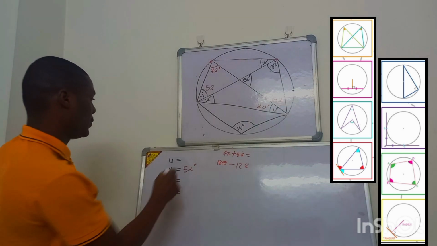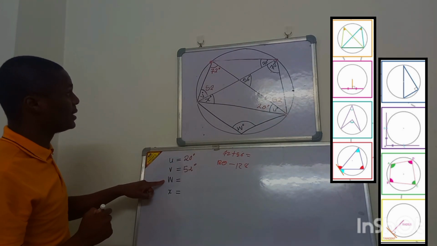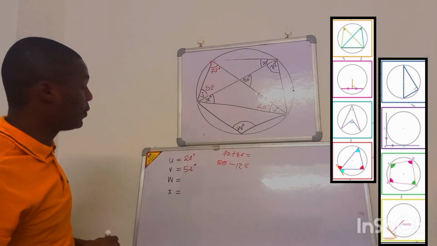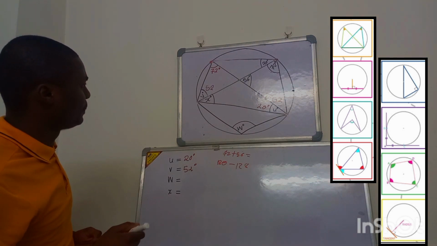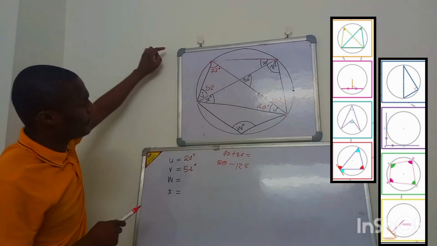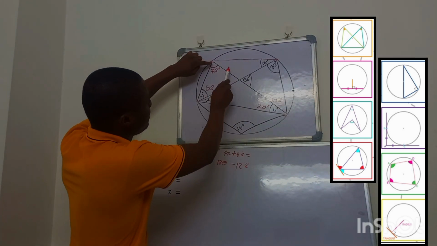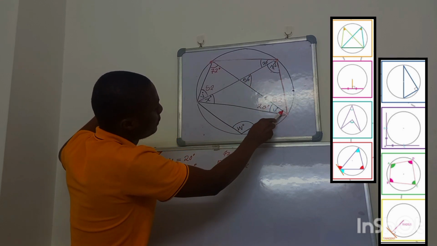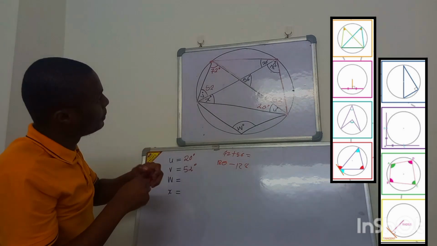Our U is 20 degrees. Then now we have to find our X and we have to find our W. Okay. What other thing do we have? If we can see this part, this triangle, this triangle.